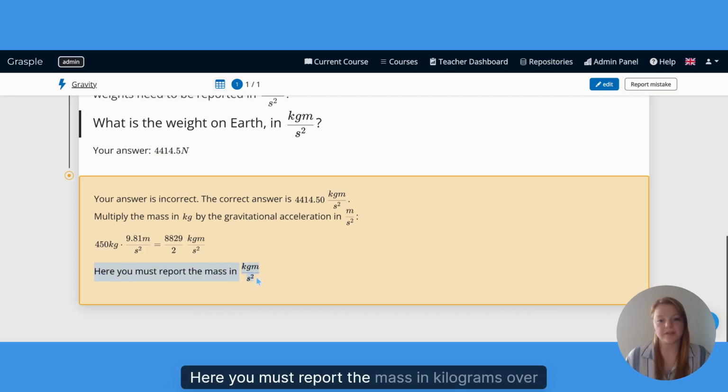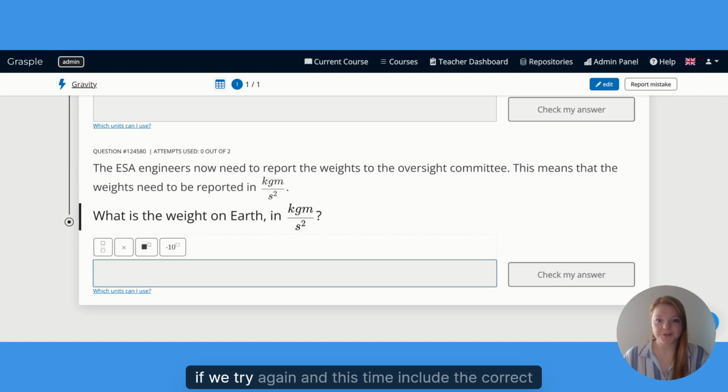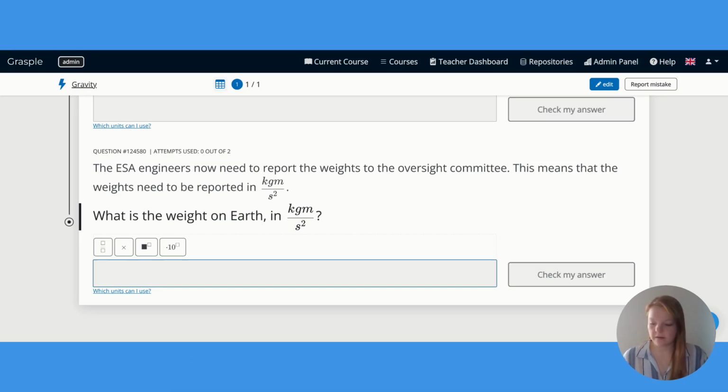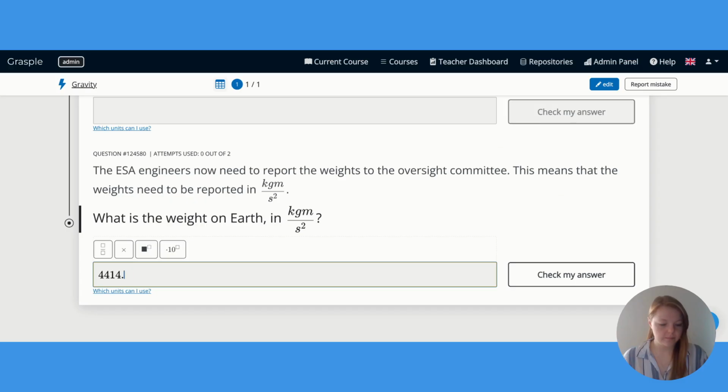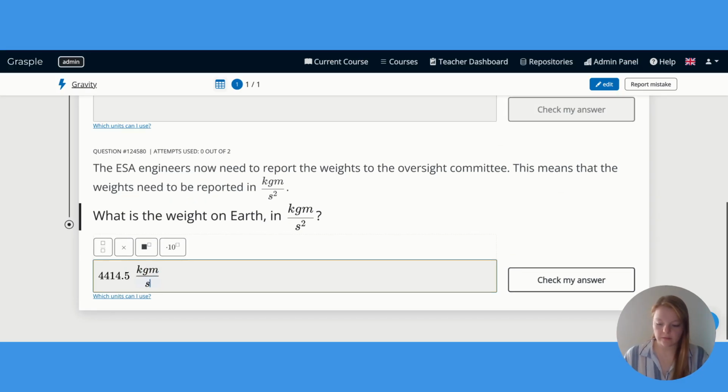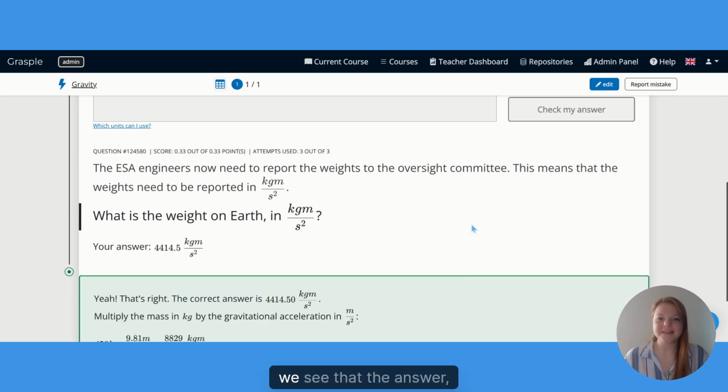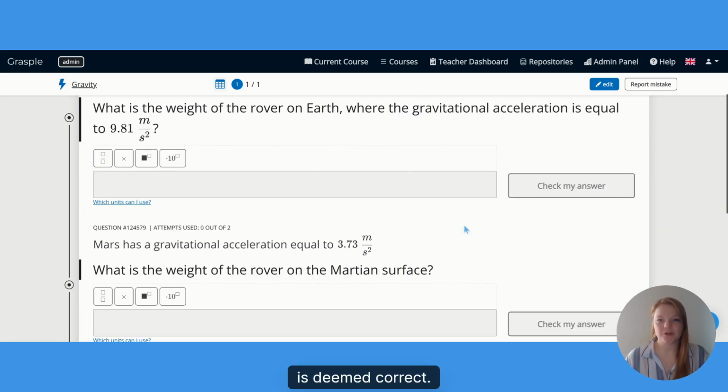Here you must report the mass in kilograms over seconds squared. If we try again, and this time include the correct unit, we see that the answer is deemed correct.